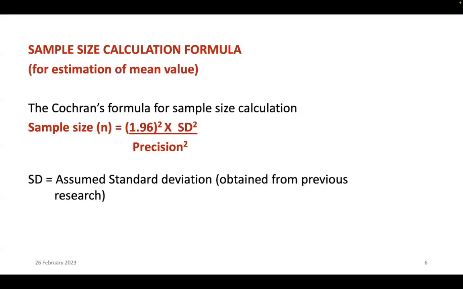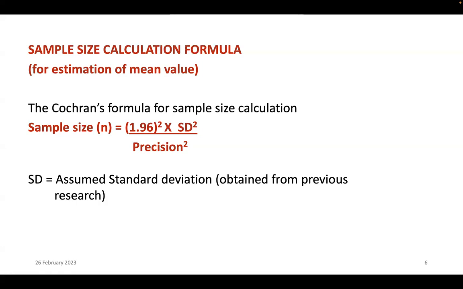Okay. Next is, when you are doing a study on estimation of some continuous variable. Say you are doing a study on estimation of hemoglobin. In that case, some other person may have done a previous study on estimation of hemoglobin values. What is the mean value? What is the standard deviation? Like that. So you can take those standard deviation values and put them in this formula.